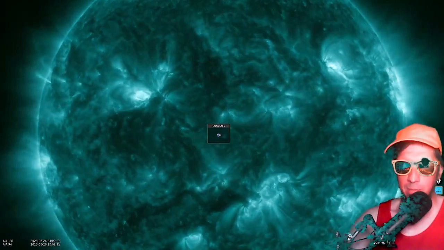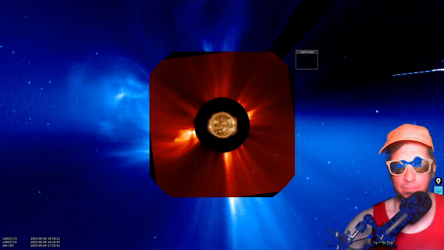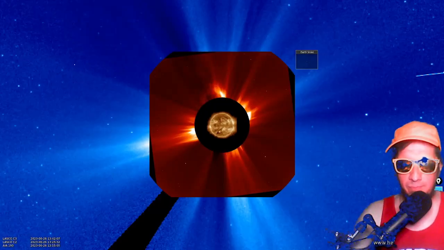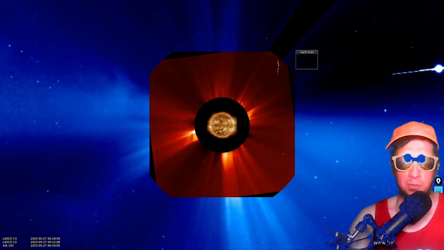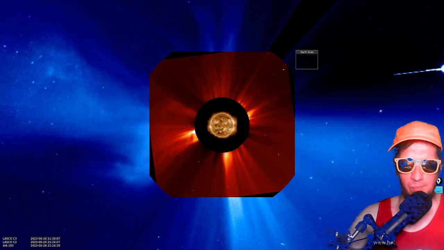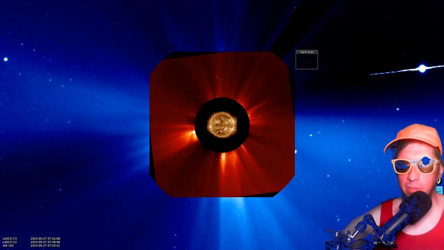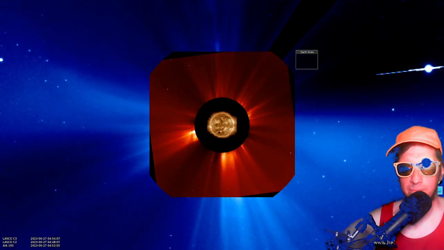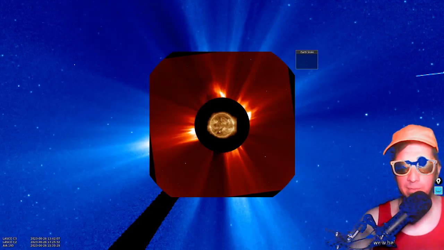Some fantastic imagery there. And let's move to coronal mass ejections. So this is the past 24 hours. You can see Mercury moving in there on the right. And indeed there is some missing data there.